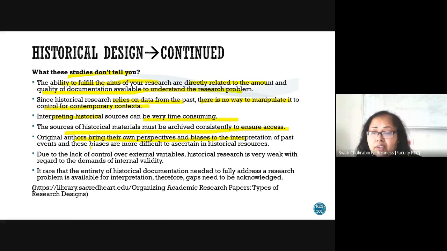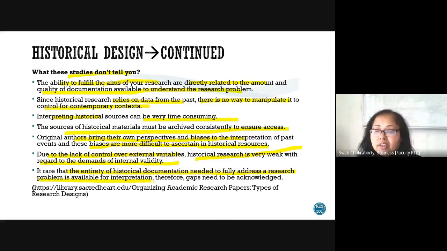And because of this, they are more difficult to ascertain in historical resources, right? Due to lack of control over external variables, this sort of research is very weak with regard to demands of internal validity. And what happens is, it's rare that the entirety of historical documentation needed to fully address a research problem is available for interpretation.